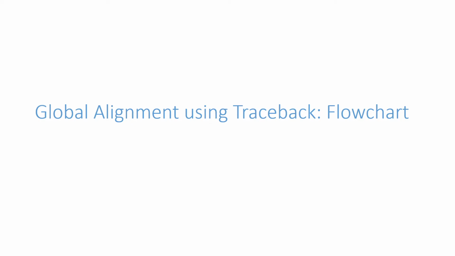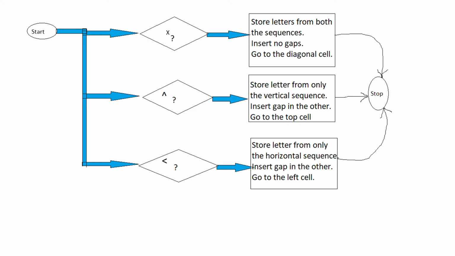So this is the flowchart showing how I did global alignment using traceback. You have three conditions, one for diagonal, one for top and one for left cell. For diagonal, no gaps are introduced. Both the variables are decremented, and the diagonal cell is pointed.